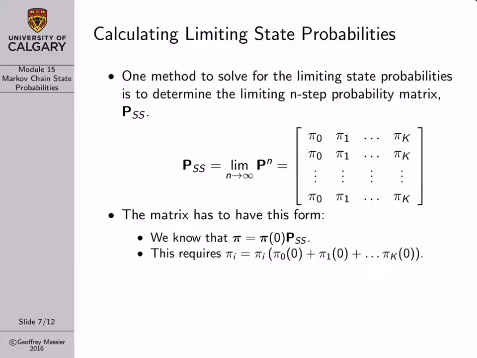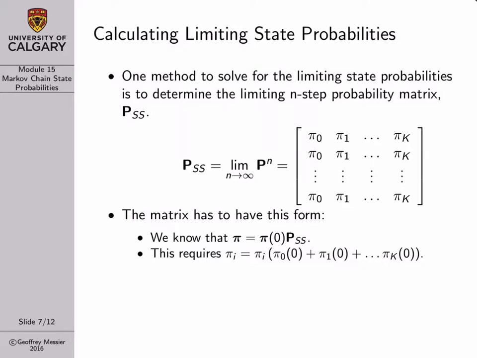Now I'm going to show you a couple different techniques to solve for the limiting state probabilities. The first technique is to take the probability matrix P and raise it to a very, very large exponent. In theory, infinity, but if you're working in MATLAB, you can raise it to 1,000 or 2,000 or something like that.